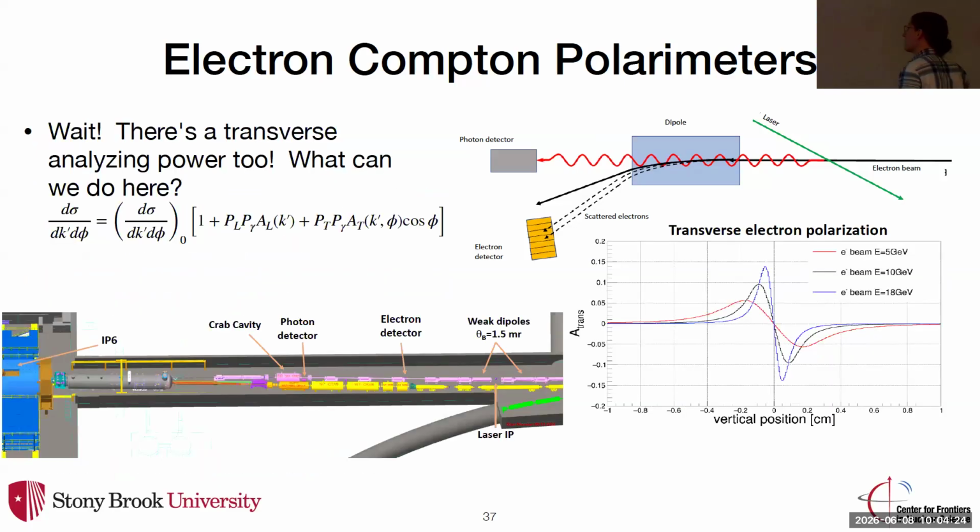But wait, it turns out there's also a transverse analyzing power. As a function of how far vertically up or down you are, you can measure the transverse and the longitudinal polarization of the beam at the same time. So if we really did it carefully, we have this longitudinal term, which is what we just talked about, and we have this transverse term.